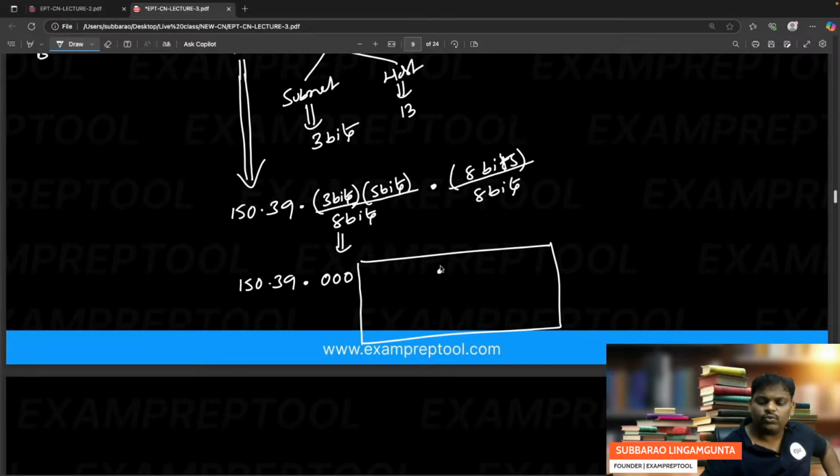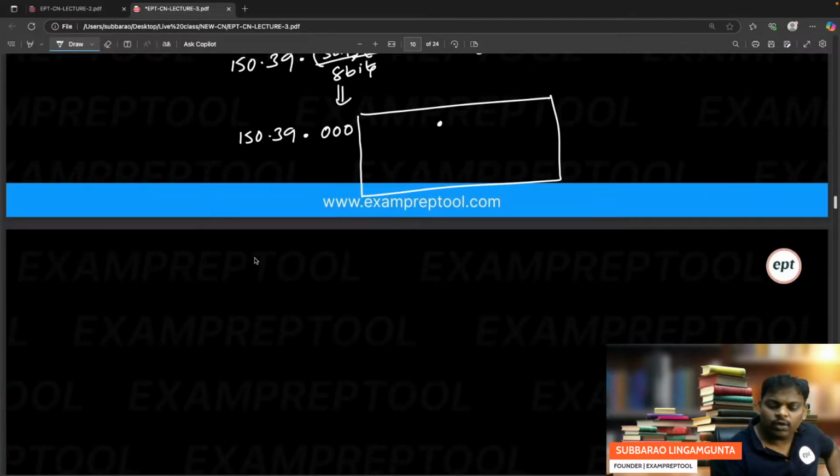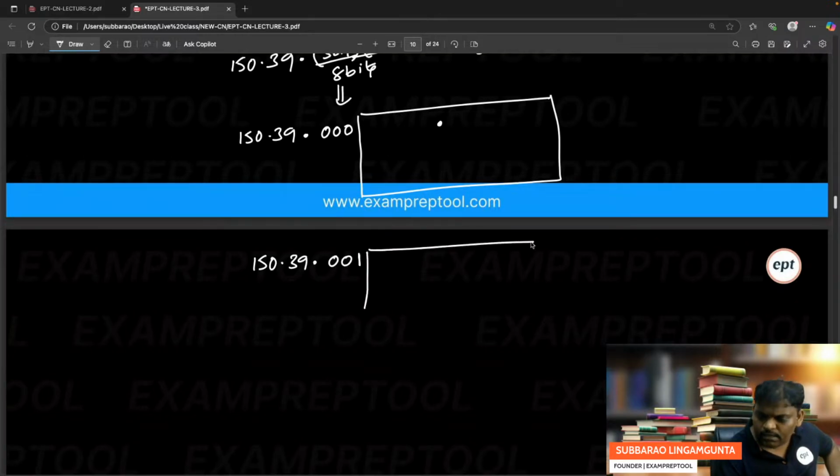One more story if you observe. 150.39, network part no change. But in the subnet part, 000 is over, next is 001, followed by the same 5 plus 8 bits.